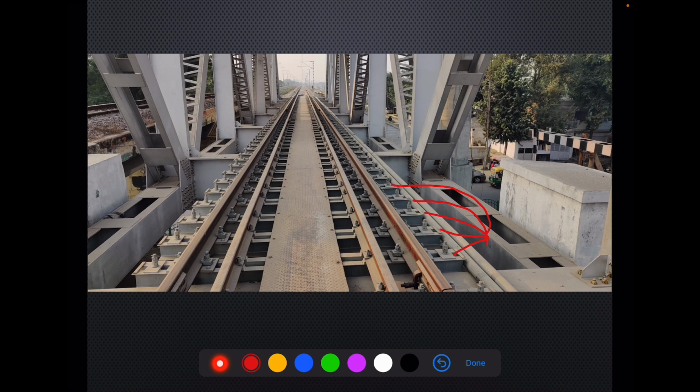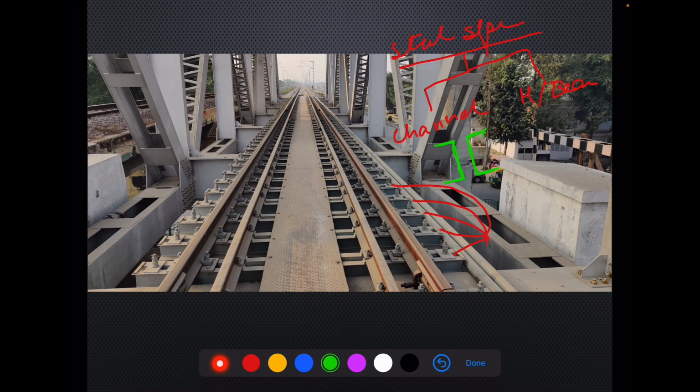So steel sleepers, if we talk about steel sleepers, basically they are of two types. Number one is channel sleepers and number two is H-beam sleepers. Channel sleeper is a built-up section made out of two channel sections, ISMC sections or C sections, like this.